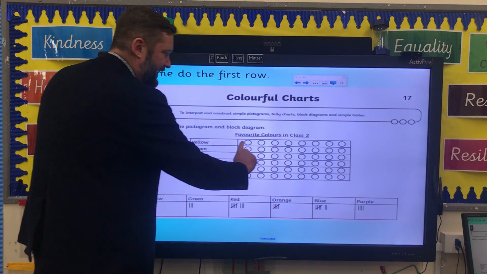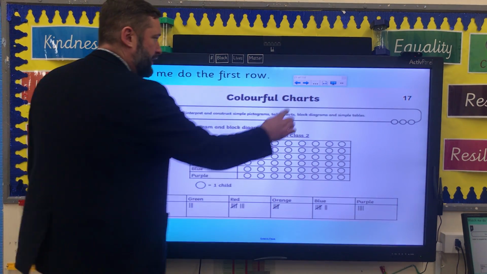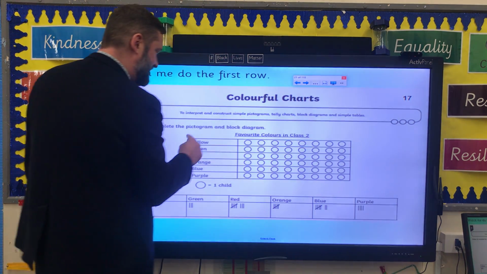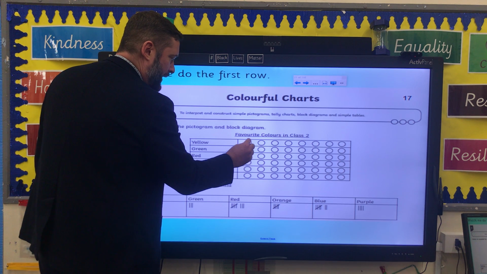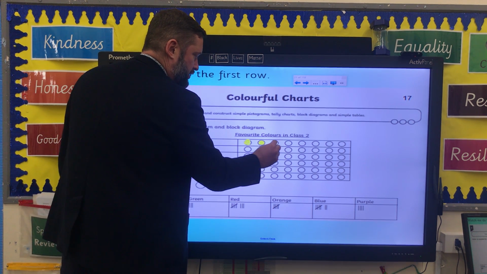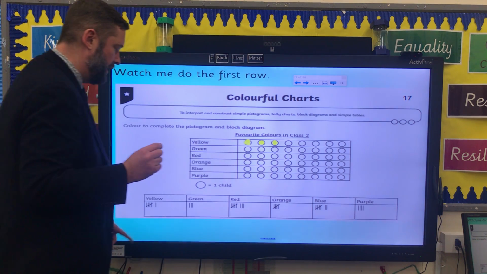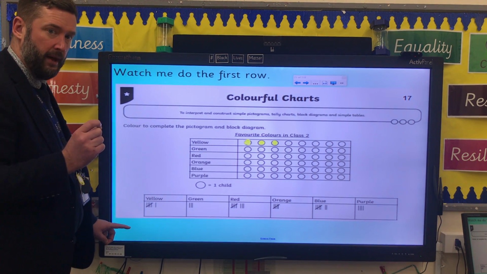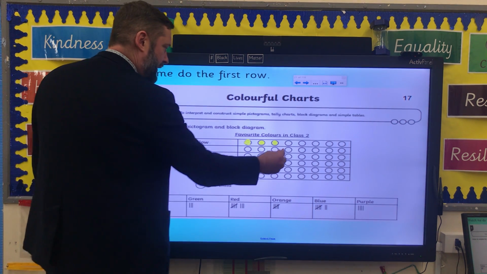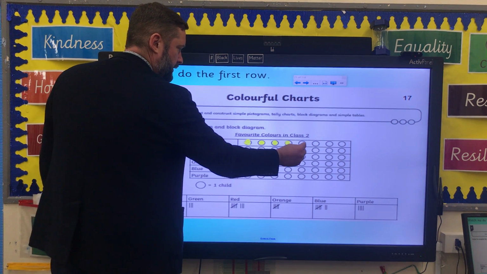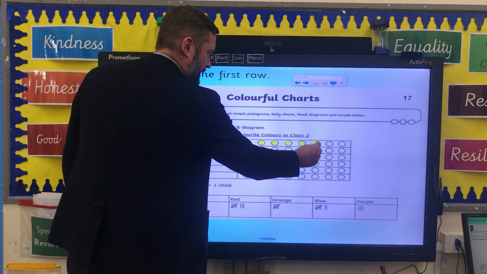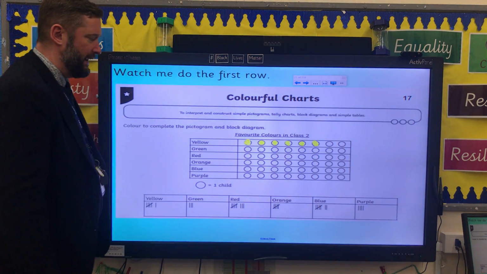So I'm going to colour in 6 of my circles, and I'm going to choose to do it in the same colour. If you haven't got all these colours at home, you could just use your pencil or just one colour. So I'm drawing 6, remember. Shout stop when I've got enough. Well done, I heard you all shout stop then.